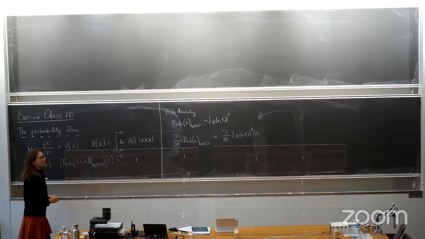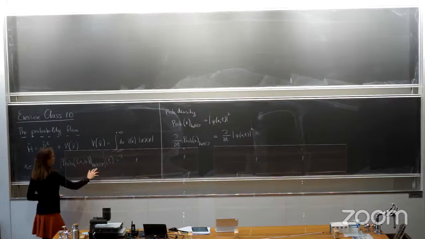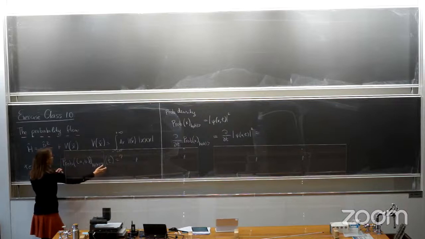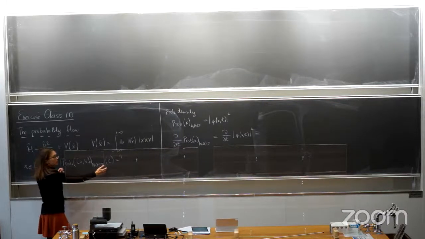When we calculate the probability of finding the particle in this interval, it depends on what the wave function is at that point in time. So I'm putting the t here to emphasize the fact that this is a function which depends on time, because the wave function depends on time.